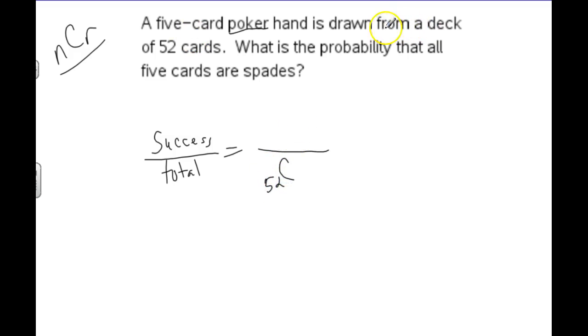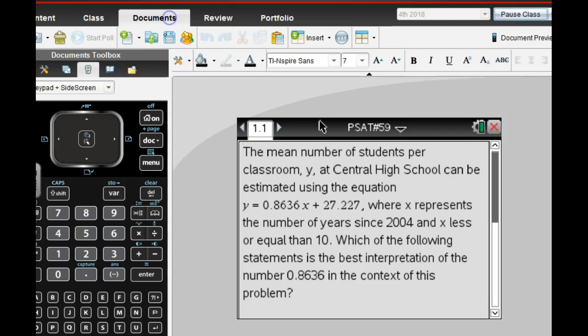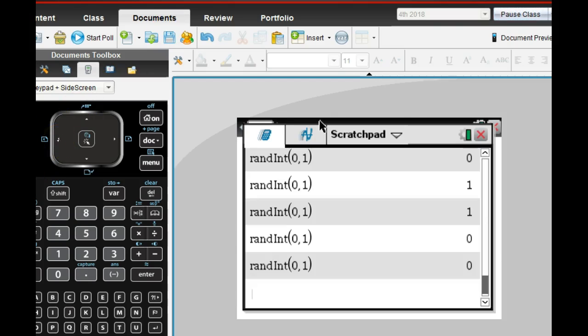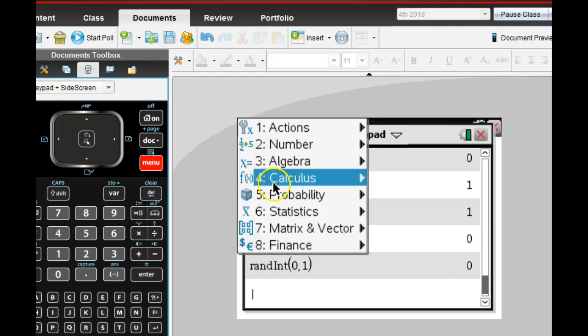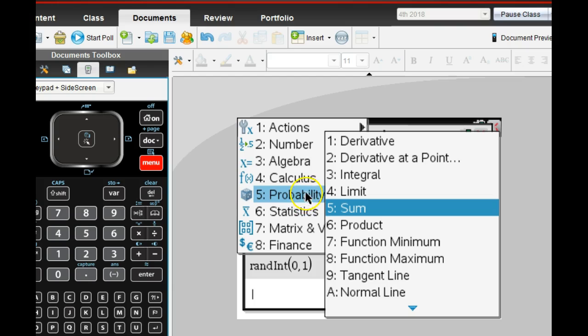And we don't just want one card. For poker, it's a 5-card hand. So 52 choose 5. So then to figure out that number, you can bring out your calculator. And sorry about that. You can type in, say, scratch pad here. So we're going to hit the menu key on TI Nspire, probability.